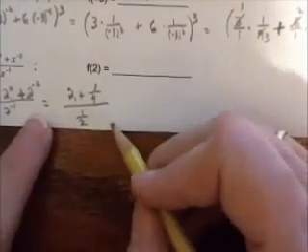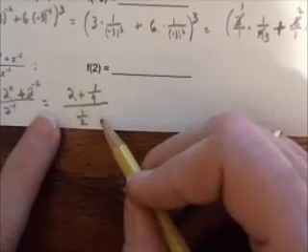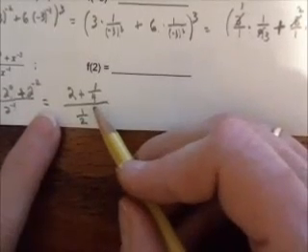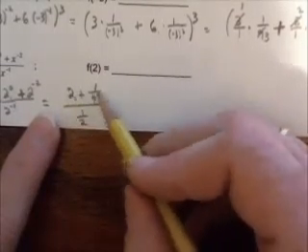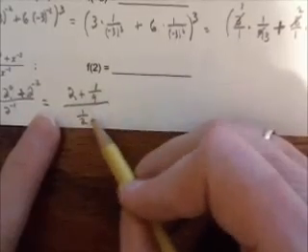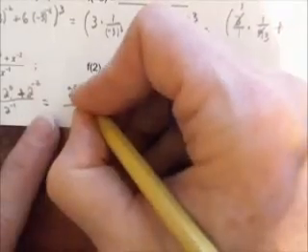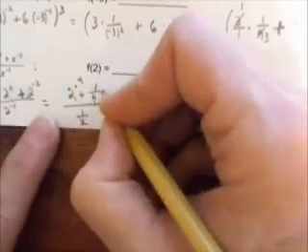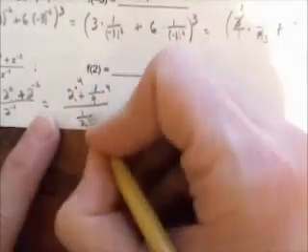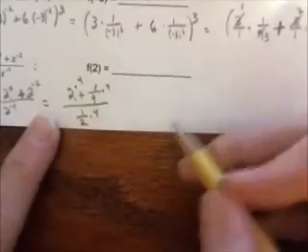And then this is a complex fraction, and if you remember how to simplify complex fractions, you're going to multiply by the LCD. The LCD of all 3 of these terms is 4. So you're going to multiply this by 4, multiply this by 4, multiply this by 4.